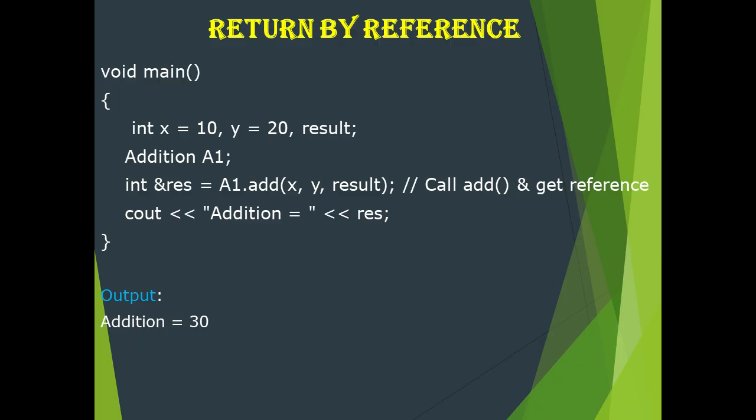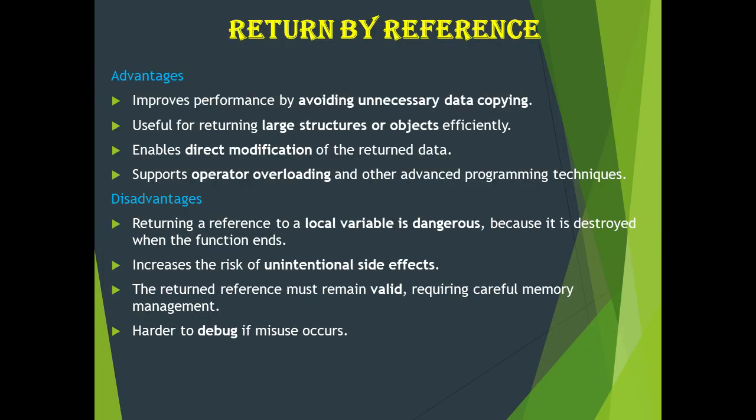The advantages of return by reference: it improves performance by avoiding unnecessary data copy, it is useful for returning larger structures or objects efficiently, enabling direct modification of the returned data, and it supports operator overloading and other advanced programming techniques.